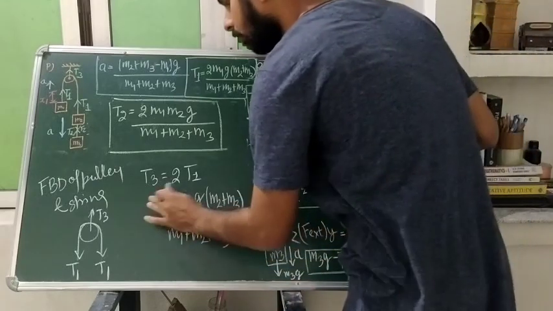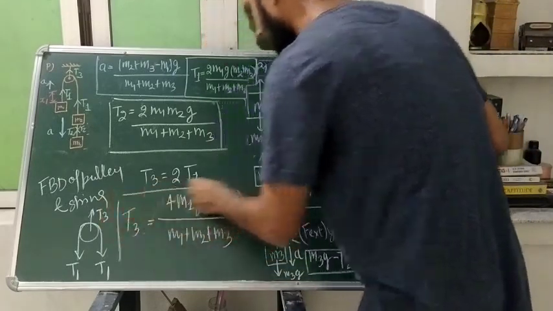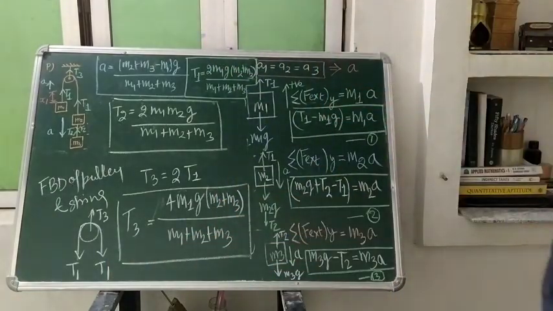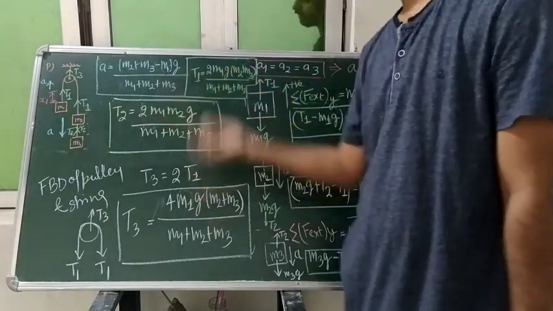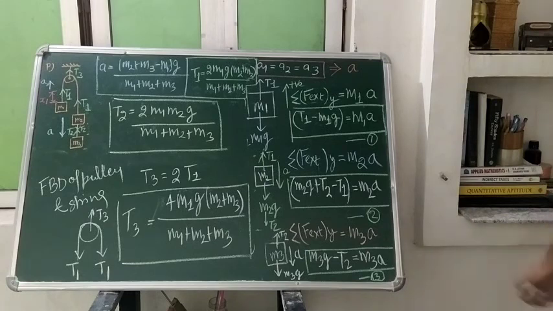Get it? This will be our expression of tension T3. Task is finished. That's the lesson we have come to know. Tension T1, T2 and T3 we have come to know. You can take this screenshot.